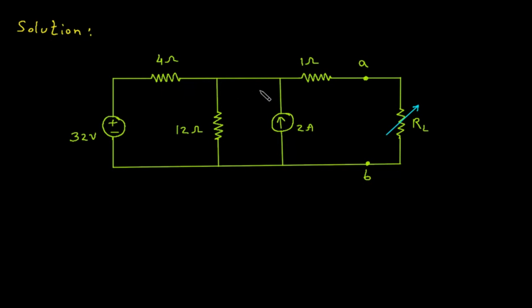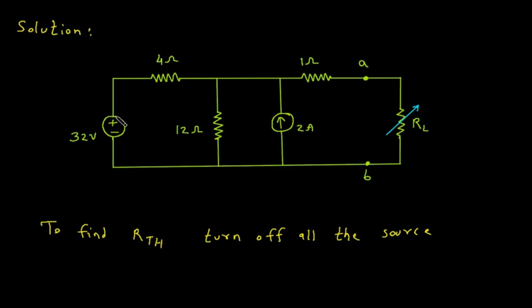Now, to find RTH, set all the sources to zero, or turn off all the sources.